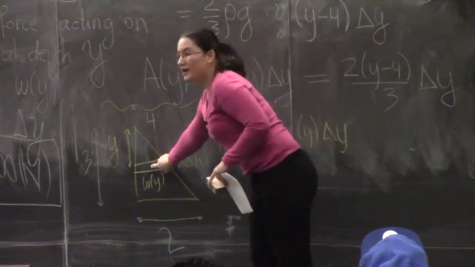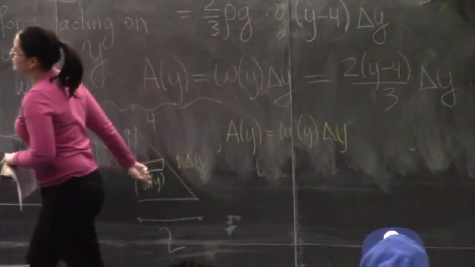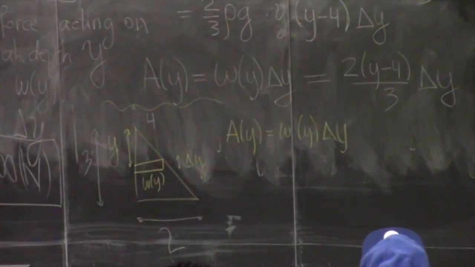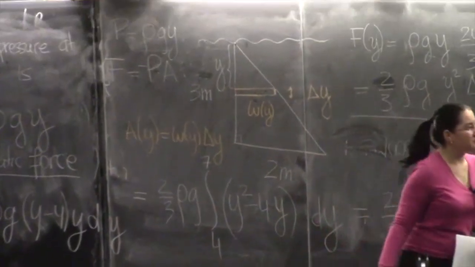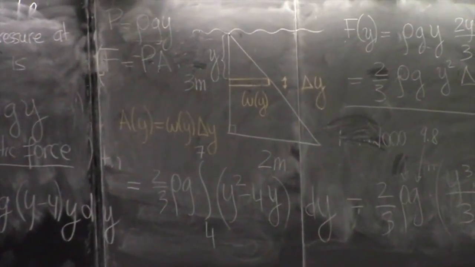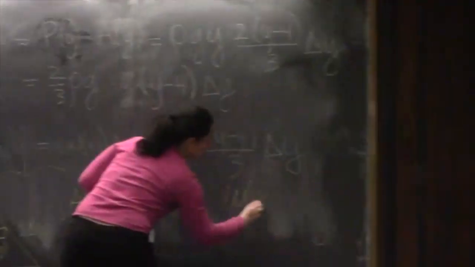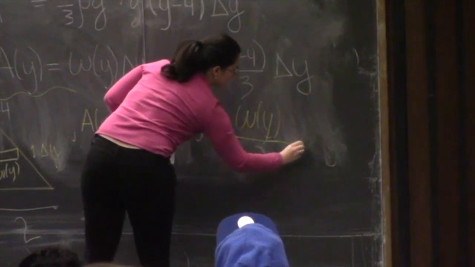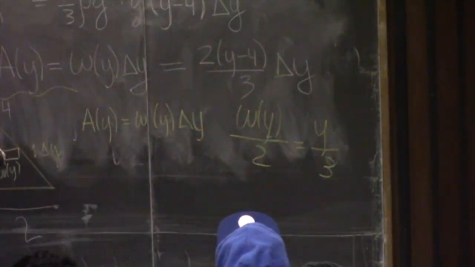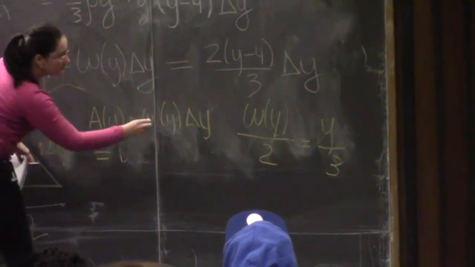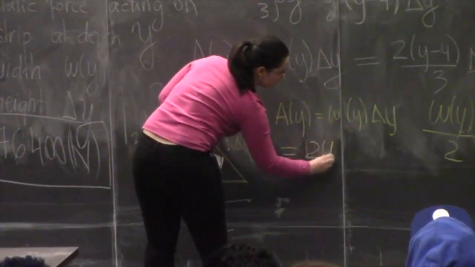But W of Y is the same as the W of Y we got over here. It's W of Y over 2 equal to Y divided by 3. So this is just going to be the same as in the previous example.